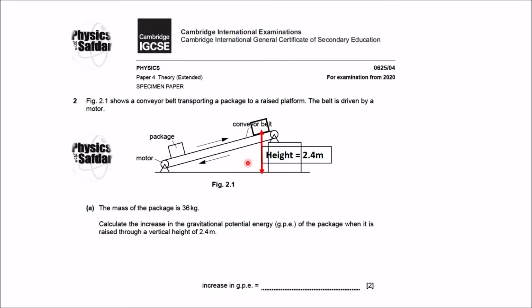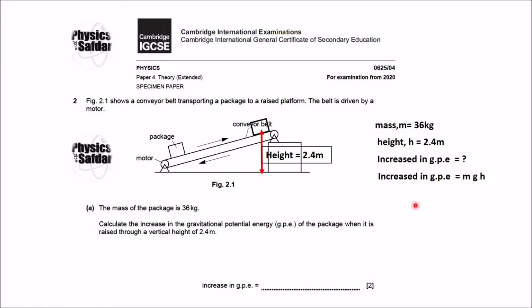In this case, you have information like the mass of the object is 36 kg, height gain 2.4 meter, and increase in potential energy you need to calculate. This is the formula of potential energy. You need three things to calculate potential energy: mass, gravitational acceleration and height.